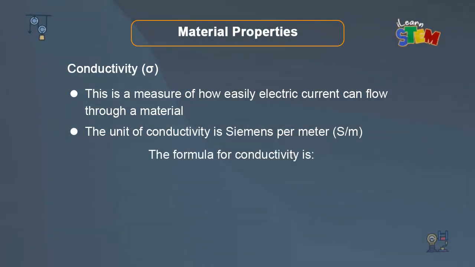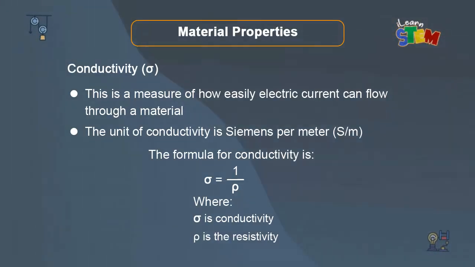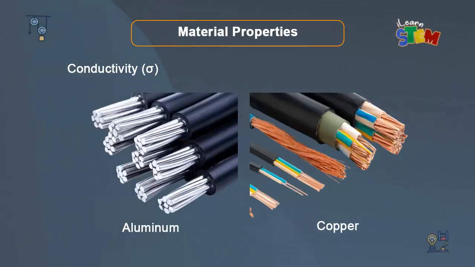The formula for conductivity is σ equals 1 divided by ρ, where σ is the conductivity of the material and ρ is the resistivity. This means that conductivity is the inverse of resistivity. Therefore, a material with low resistivity will have high conductivity, and vice versa. Aluminum and copper are great examples of highly conductive materials.